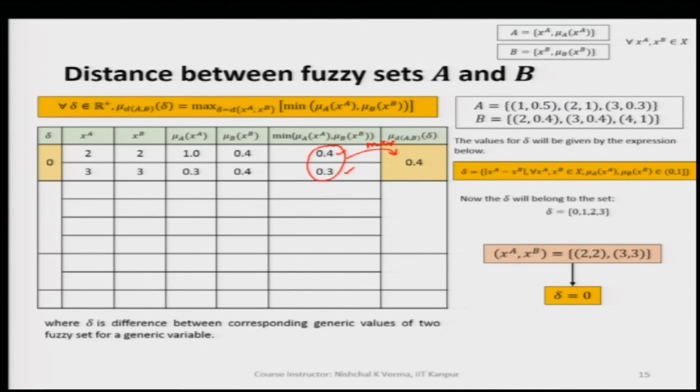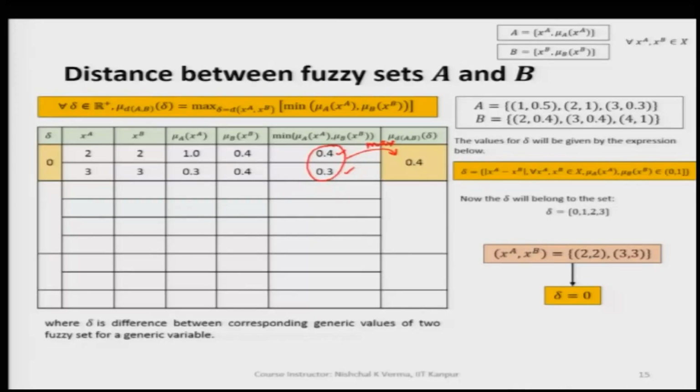Similarly, now we will move ahead and try to find if we have any combinations that lead to delta equal to 1. It may be possible that we may not find any such pairs for which delta is equal to 1, and if this is the case, then we will move ahead and try to find the pairs for which delta is equal to 2.